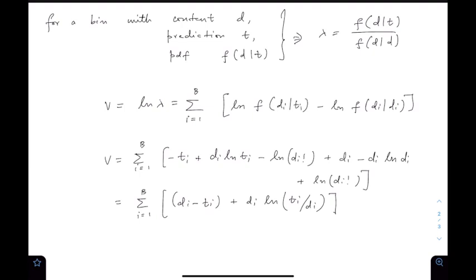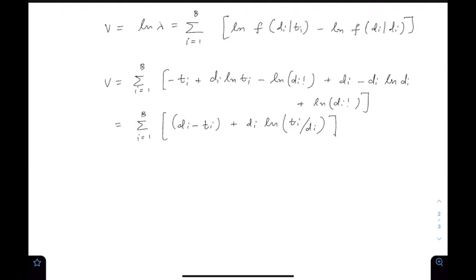The distribution of the test statistic, which we have denoted by capital V here, is not universal. It is not independent of the distribution to be tested, as in the case of chi-square. It has to be determined by a Monte Carlo simulation.